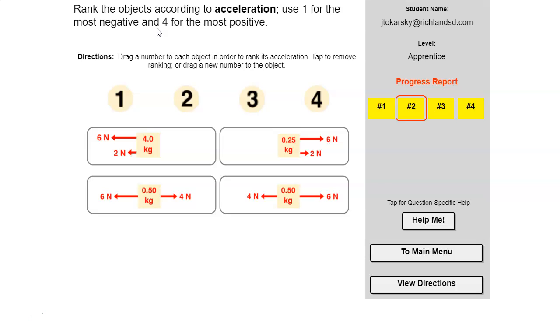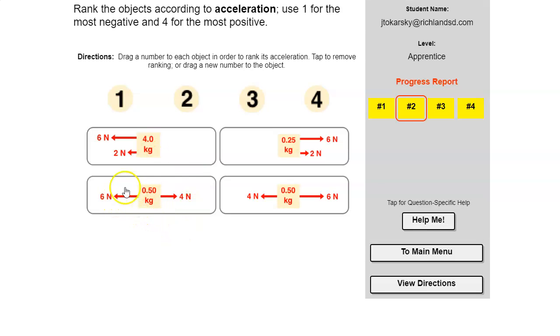Okay, so just like in the examples I was doing on the sheet of paper, if it says rank according to acceleration, we still need to find a net force. We just divide that net force by the mass and then rank them. Again, a sheet of paper is definitely helpful here. So we got a net force of -8 on this one, and then we divide that by 4. -8 divided by 4 is -2, the acceleration on this one.